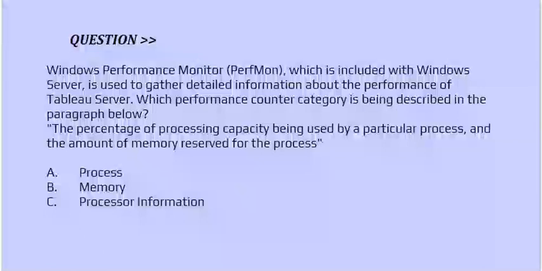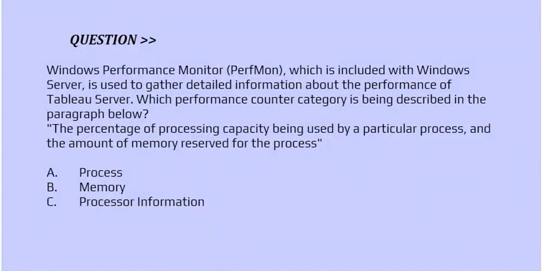Next question is, Windows Performance Monitor, PerfMon, which is included with Windows Server, is used to gather detailed information about the performance of Tableau server. Which performance counter category is being described in the paragraph below?